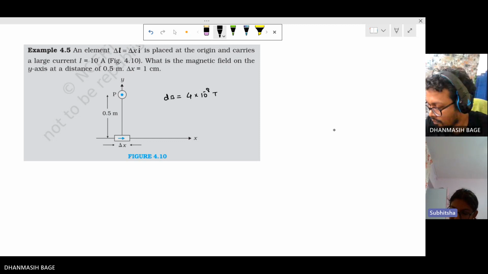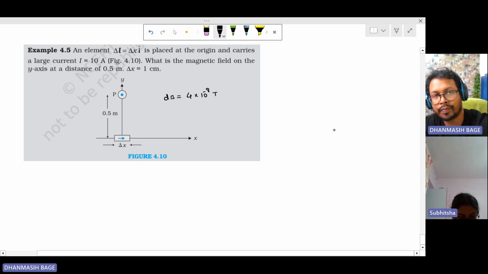Oh, okay, I found what I did. I took R cube. It should be R square, right? R square.